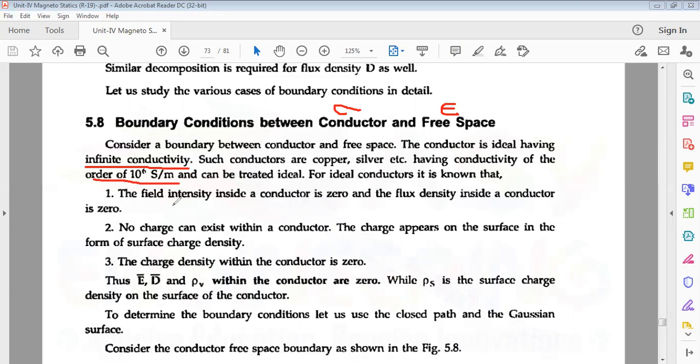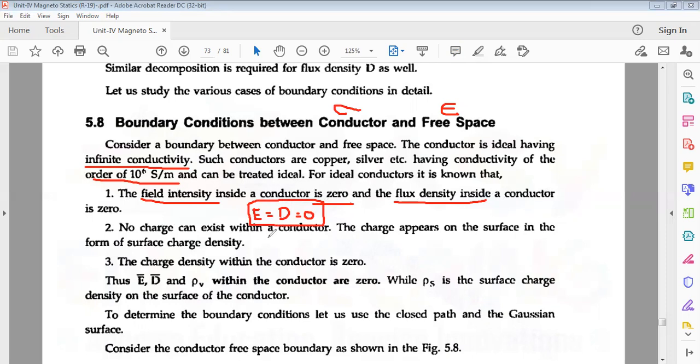For an ideal conductor, it is known that the field intensity inside a conductor is 0. The field intensity means either D or E, both are zero. The field intensity inside a conductor is 0, and flux density inside a conductor is 0. Nothing but E and D, electric field and the electric flux.